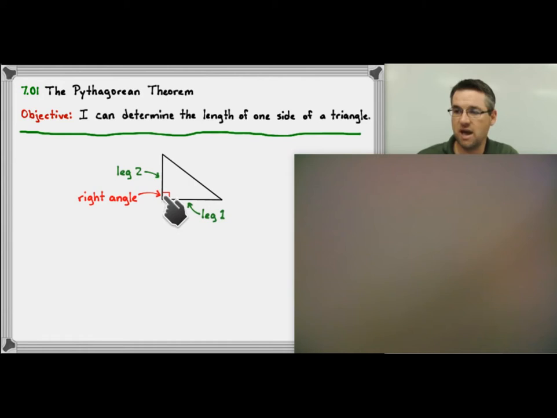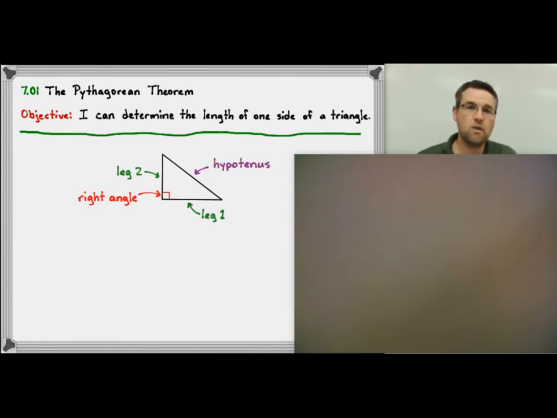So you can see that we have this side and this side. These two sides intersect each other up here. So both of these are the legs. The two legs are the two that intersect the right angle. So this is a leg and this is a leg because they intersect each other at a right angle, okay? So those are the two legs, the two shortest sides of a right triangle.